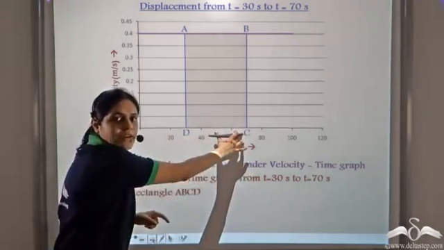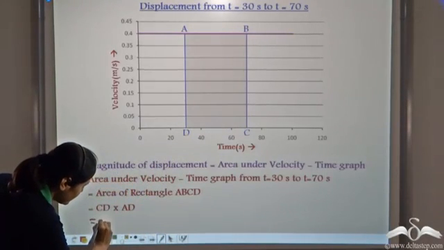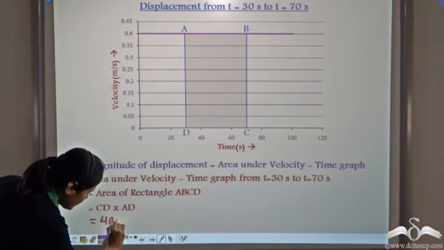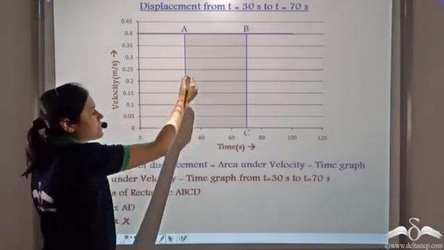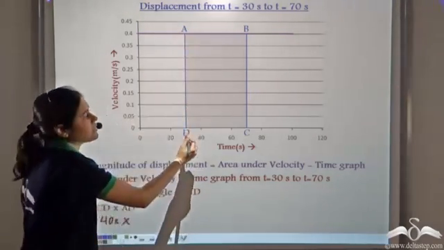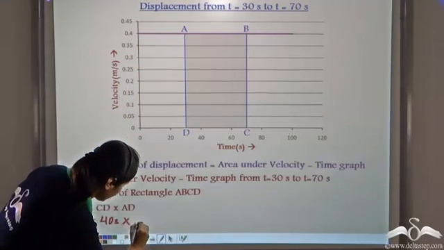What is the length of CD? CD is 70 minus 30, that is 40 seconds. What is AD? AD is this distance. This distance is equal to 0.4 meters per second.